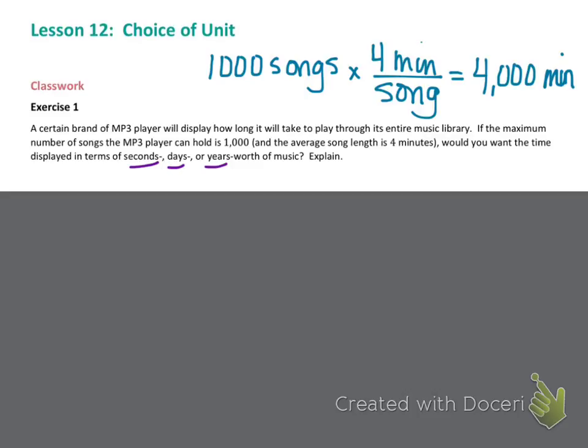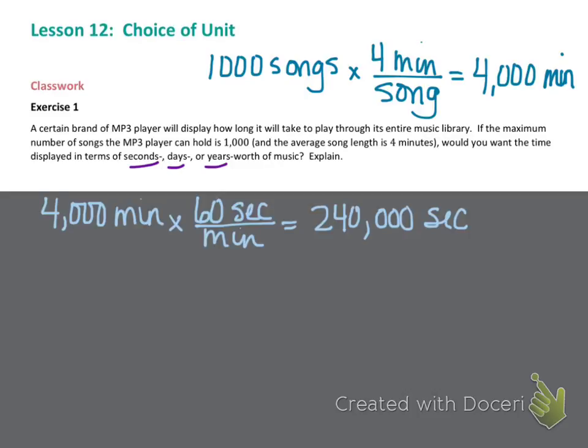Okay, if I want to know how many seconds of music I have, I need to convert minutes into seconds. I'm going to find a conversion factor, and I'm going to use unit analysis basically to calculate this. So I'm starting with 4,000 minutes, and I'm going to find a unit multiplier.